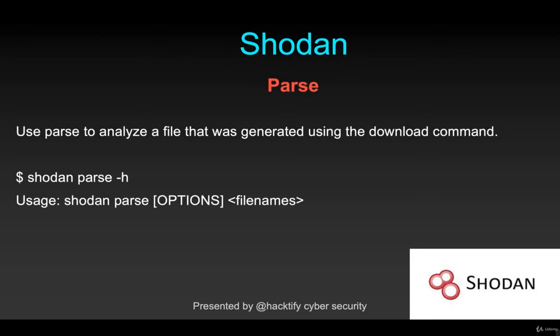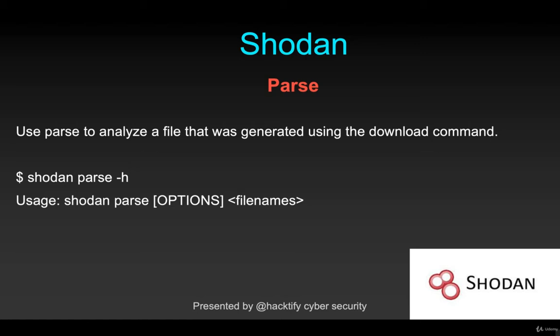You can also use the parse command, which is very helpful to analyze a file that was generated using the download command. You have already seen we used the download command to download a specific set of information for a search query that was big IP.